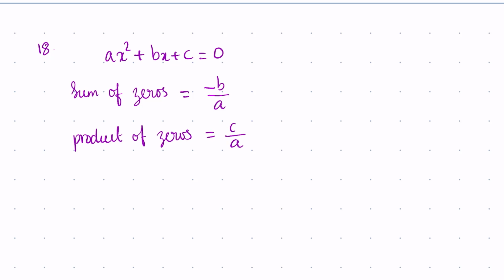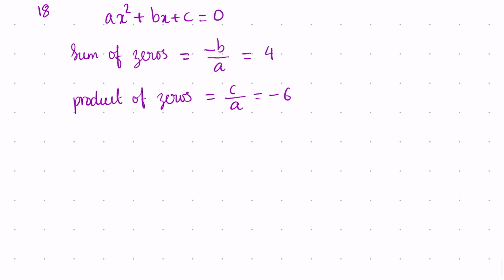Okay, then this is given to us. So this is given as 4 and this is given as minus 6. Let's consider this equation and this equation separately.